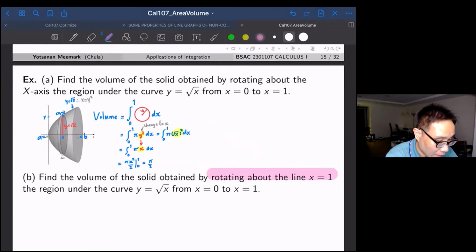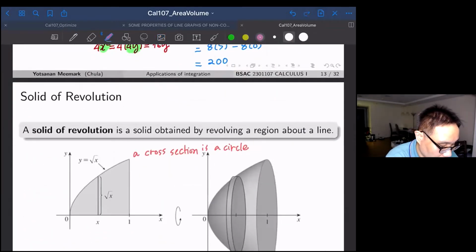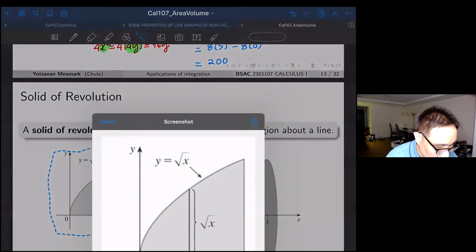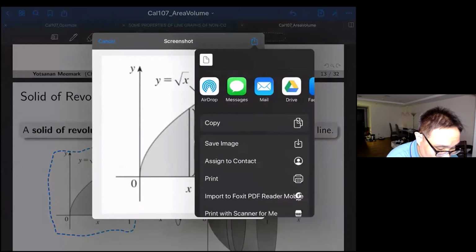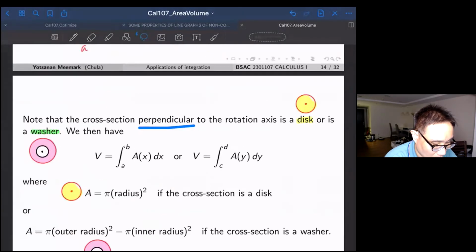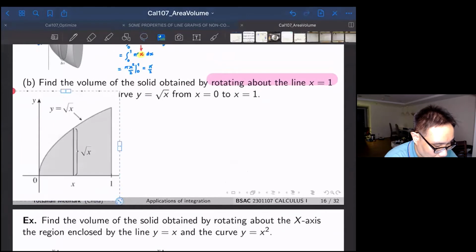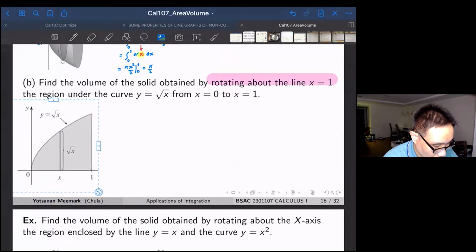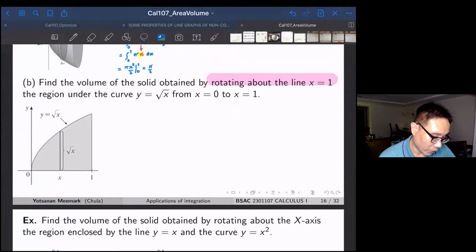So how could we do that? We need to copy this picture first. Let me grab this one. So you see this region.